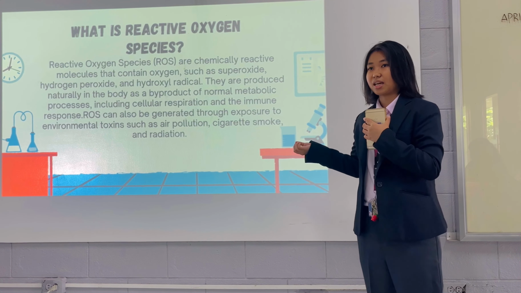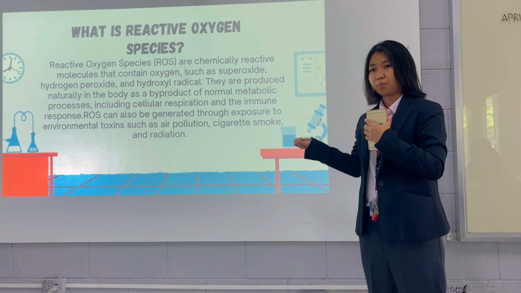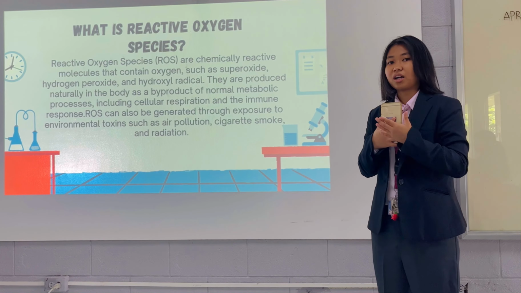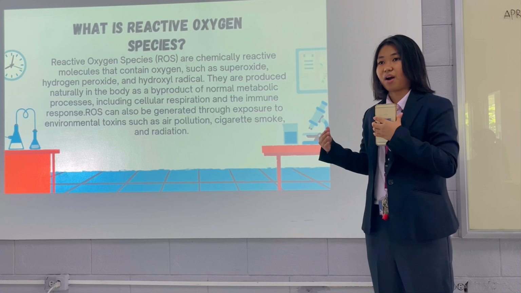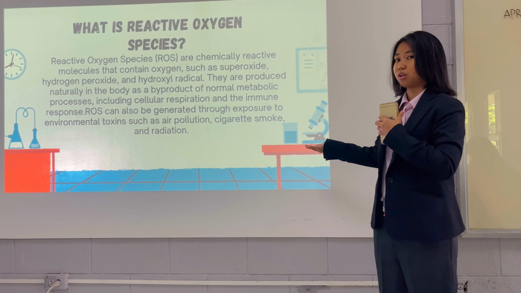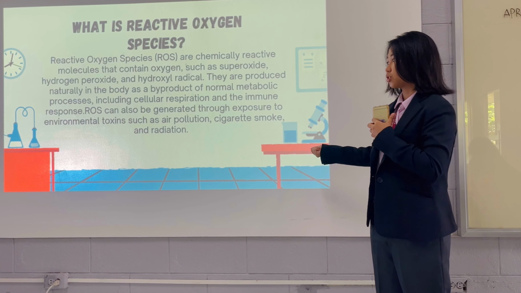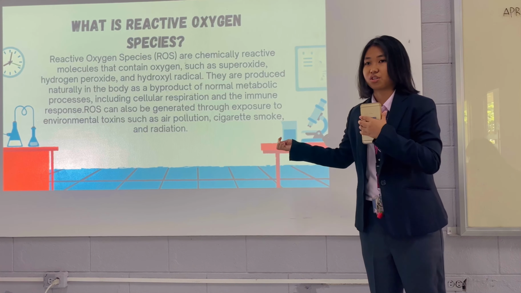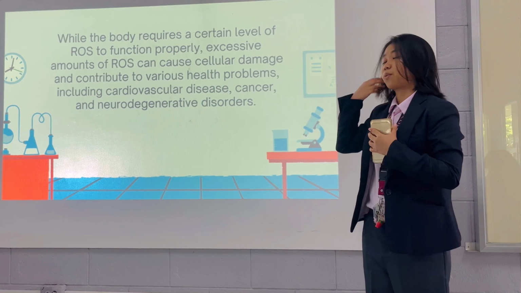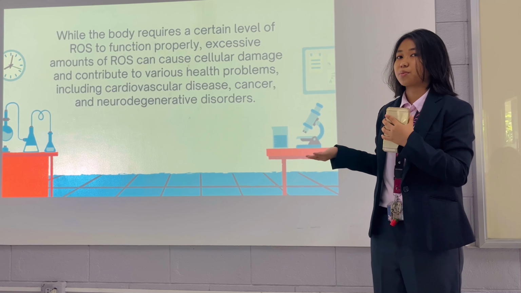Our body needs a certain amount of it to function properly. They're also found in the environment, through exposure to environmental toxins such as air pollution, cigarette smoke, and radiation.